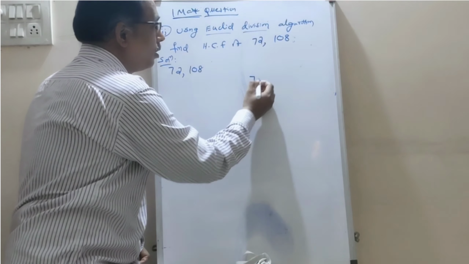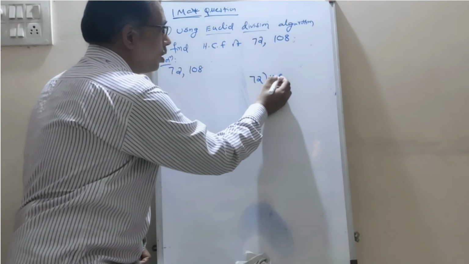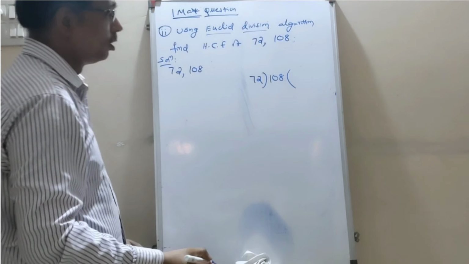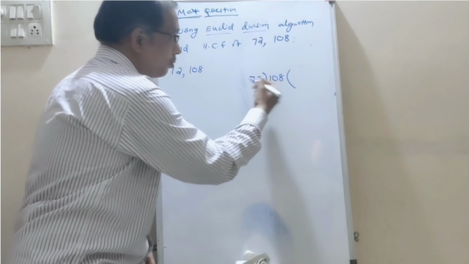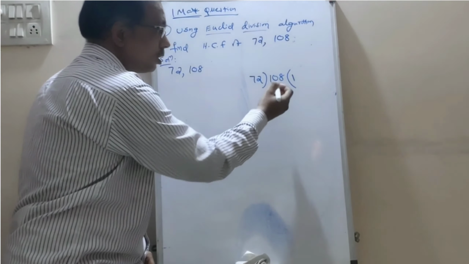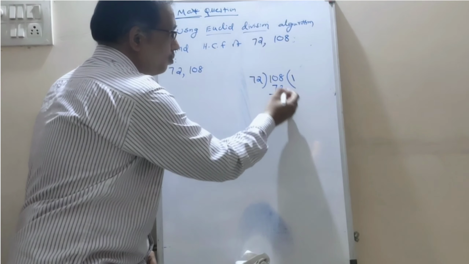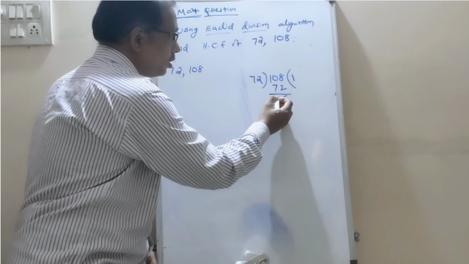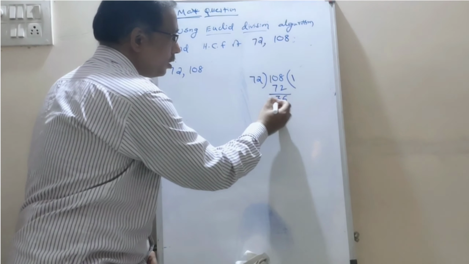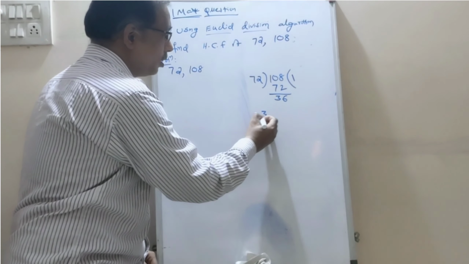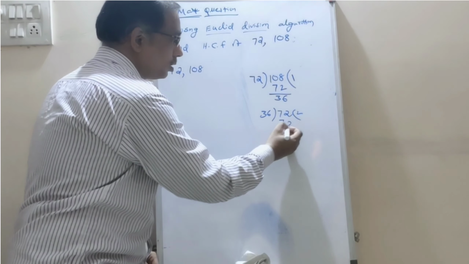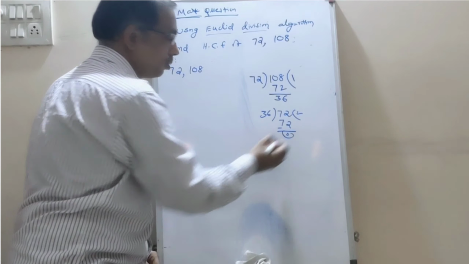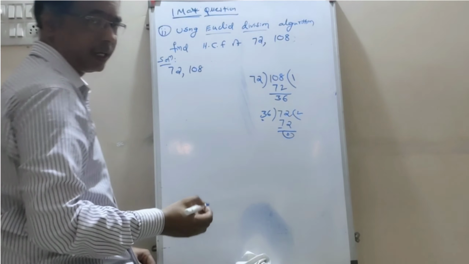Now divide 108 by 72. 72 ones are 72. 72 twos are 144, it becomes excess. So we take 72, and by subtraction we get 36 here. And again divide 72 by 36. 36 twos are 72. So remainder 0. That's why here 36 is the HCF.